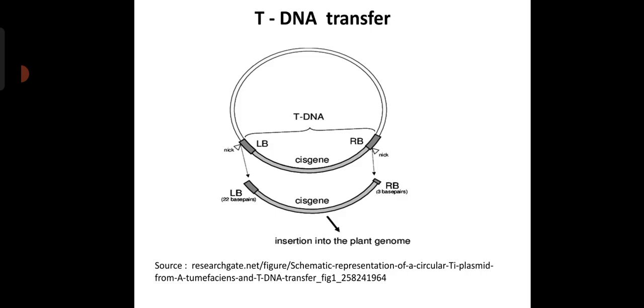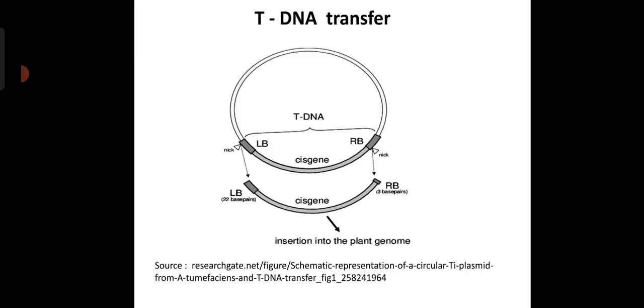The tDNA is integrated into the host plant's DNA, resulting in the transfer of the desired genes into the plant's genome. The transformed plant cells can then be selected and regenerated into whole plants using tissue culture techniques.